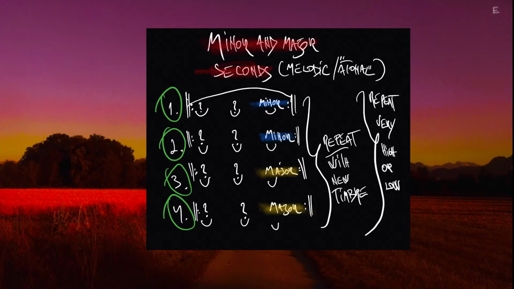So you have the idea of the intervals. I will play one more time. Major second. Now different. That's a major second, and that's a minor second. It can be very confusing.